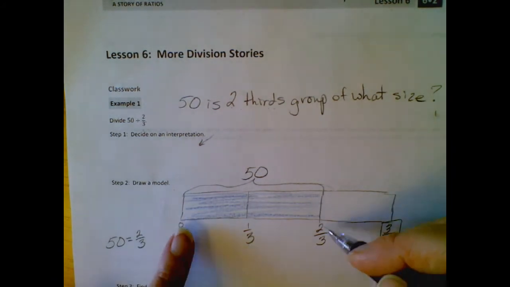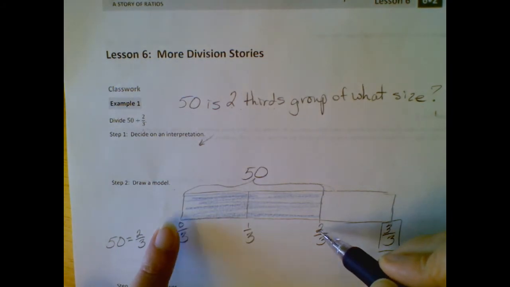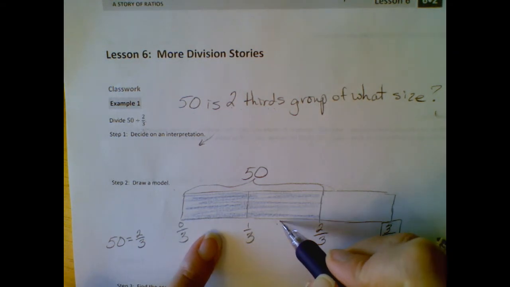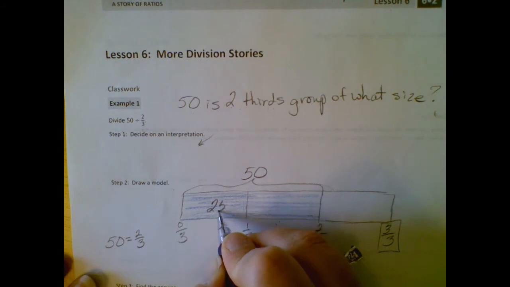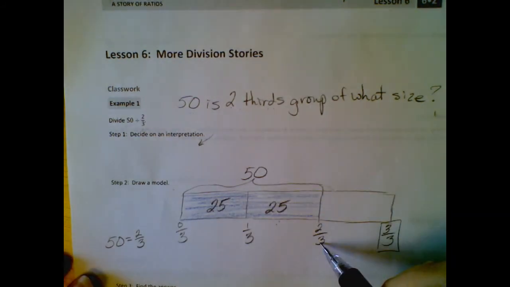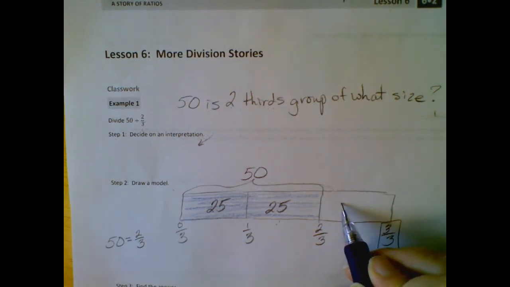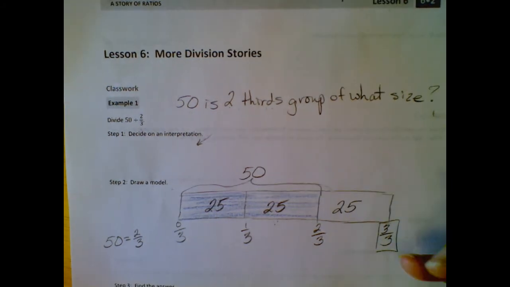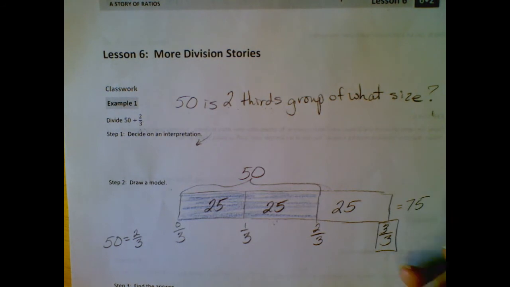If I take my 50 and it's 2 of the 3, I need to find the number that goes inside of both parts. Well, 50 divided by 2 is 25. Therefore, I've got another 25, so the 3/3 would be 75.